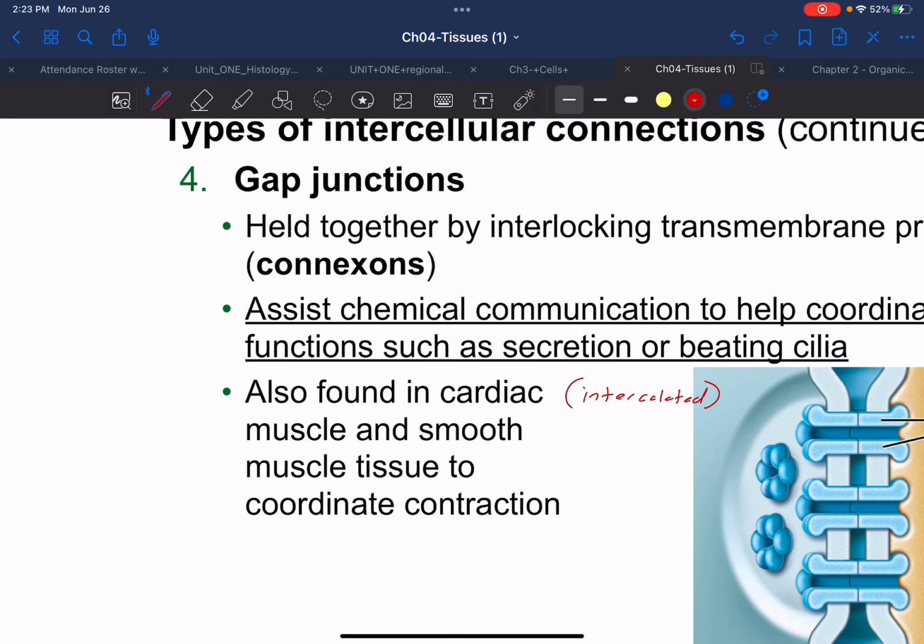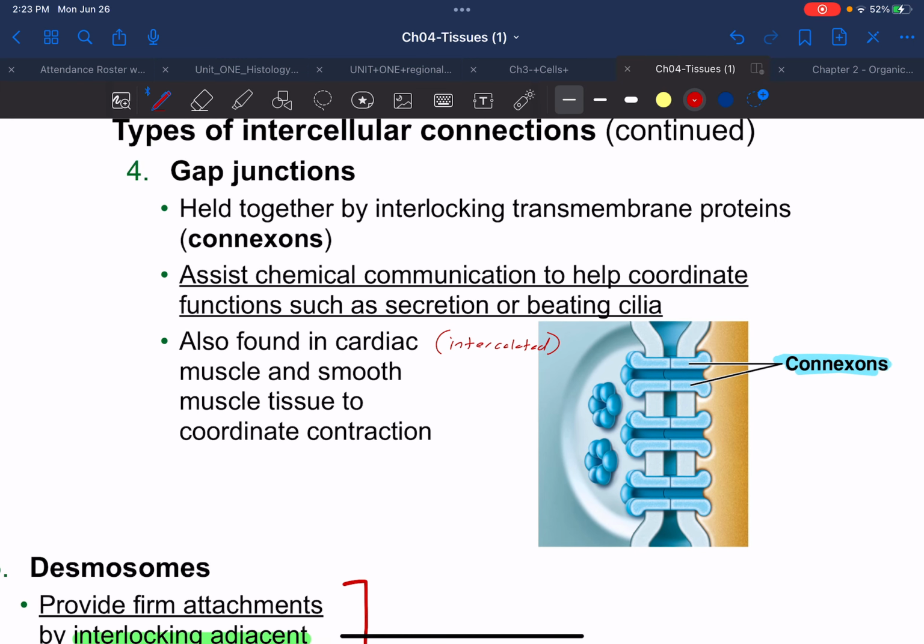So they're passaging a material with each other, or electrical conduction with those gap junctions. And so what's underlined is what's most important for you all here. These proteins are an example of the transmembrane proteins I mentioned previously, and connexons. That's the name of the transmembrane proteins of gap junctions.